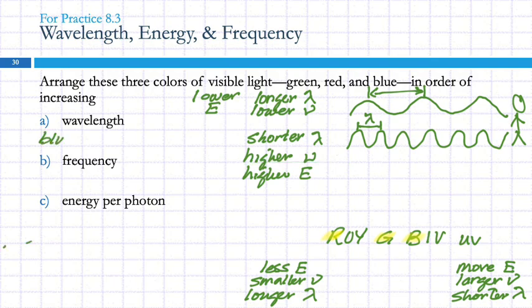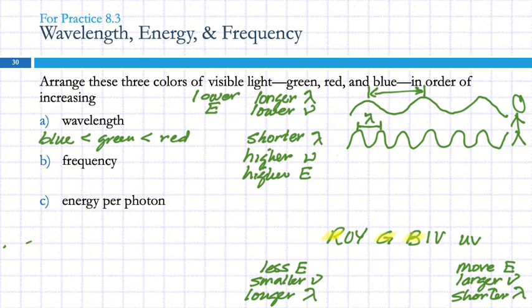So blue, and then what's next? Green, and then red. Does that make sense? This is the short wavelength end, so blue is the shortest wavelength. We're supposed to go in order of increasing, start with short and go to long.